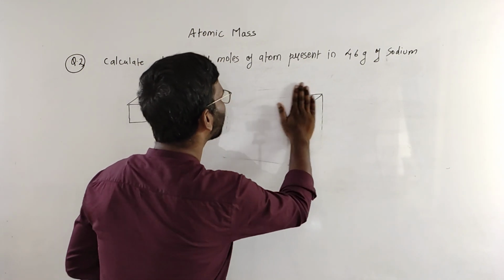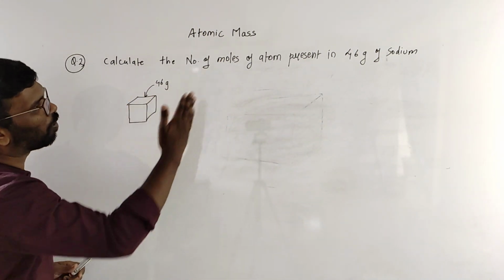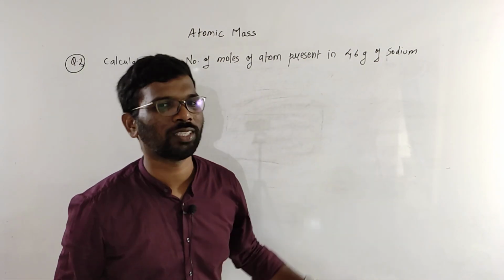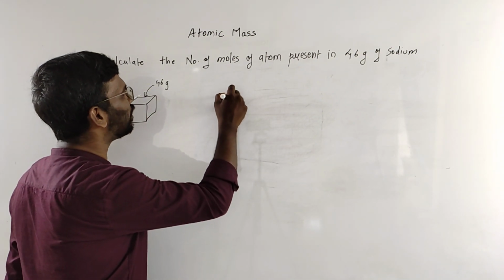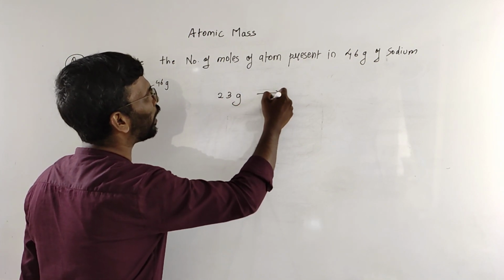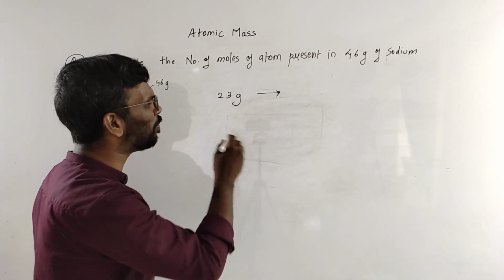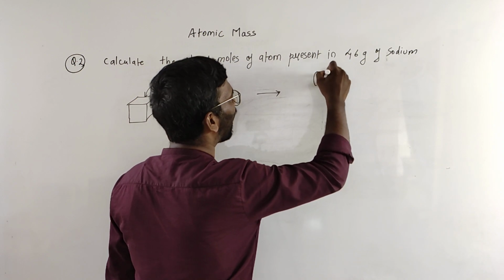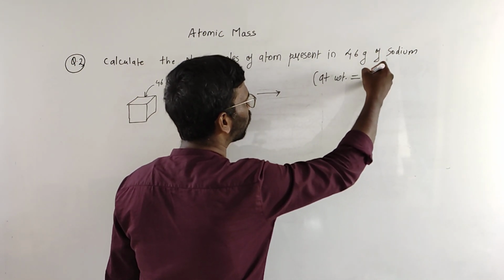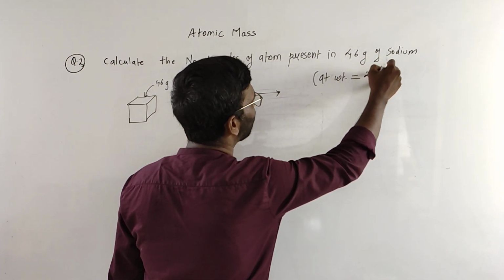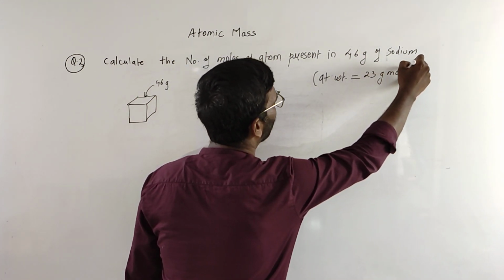Okay, so the question is calculate number of moles of atom present in 46 gram. Now what is the standard relation? We know that 23 gram of sodium. Why am I saying this 23? Because atomic weight, this is a given value, a constant for sodium, is 23 grams per mole.